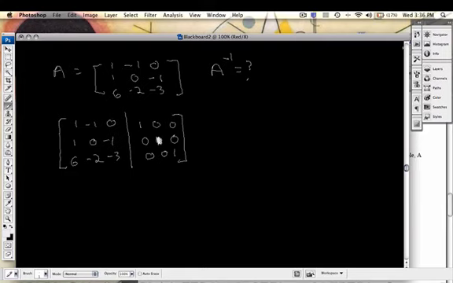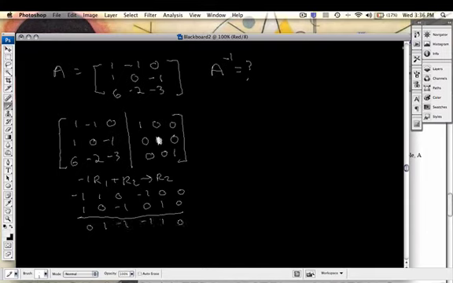So my first step here is going to be -1 times row 1 plus row 2, put it where row 2 is. So that'll be -1, 1, 0, -1, 0, 0, plus row 2, that's 1, 0, -1, 0, 1, 0, which gives 0, 1, -1, -1, 1, 0.